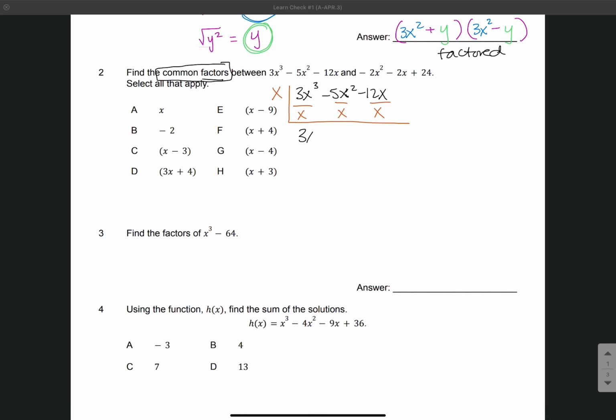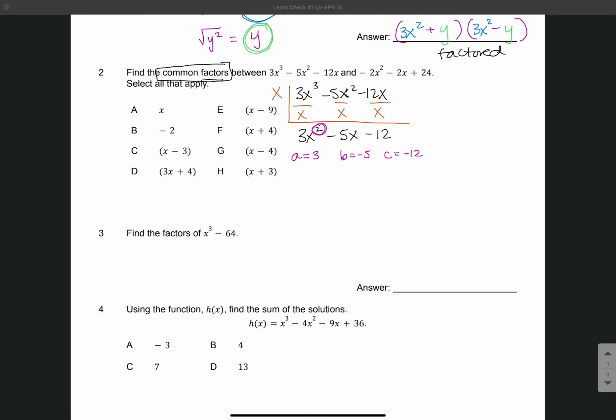So I get 3x squared minus 5x minus 12. Now that I have a quadratic, now I can do my whole a, b, c, and x method. So we know our a is 3. Our b is negative 5. Our c is negative 12.